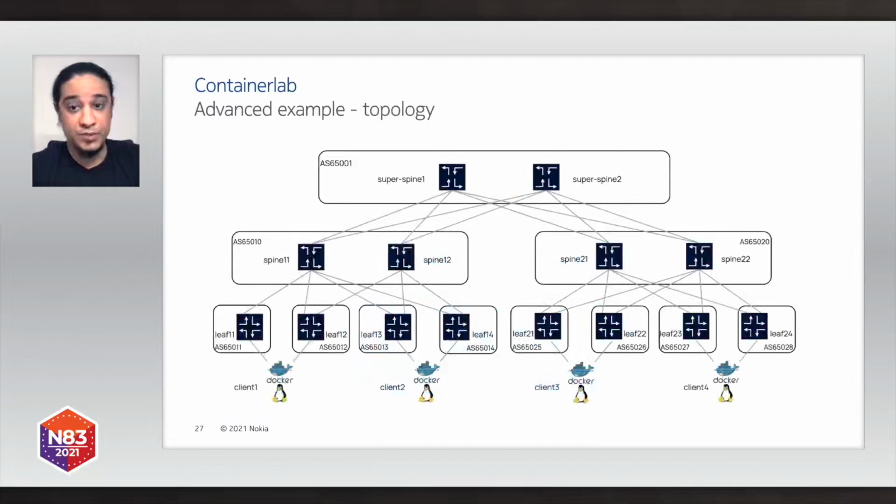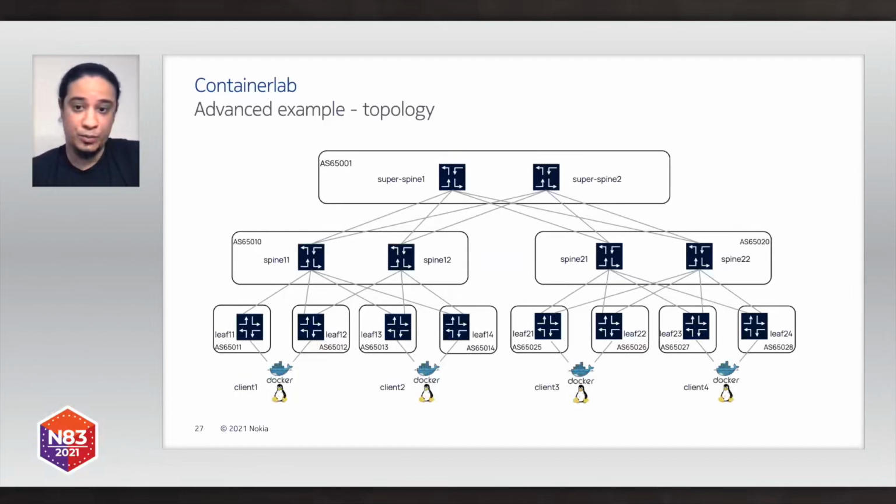When it comes to the network topology itself, we have super spines, spines, and leaves. The super spines belong to the same BGP AS. Each pair of 2 spines has its own autonomous system, and each leaf is a separate autonomous system.